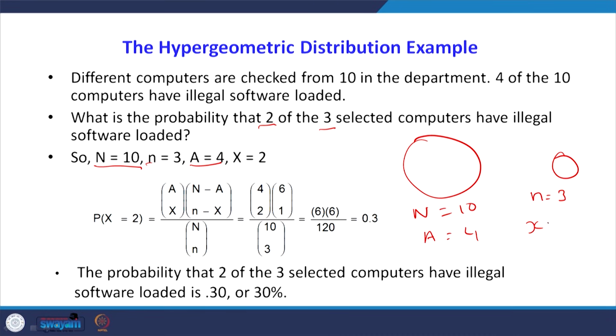Then what is the probability that 2 out of 3 selected computers will have illegal software loaded. So, when you substitute it, everything is given, so you will get 0.3. So, what is the meaning of this 0.3? The probability that 2 of the 3 selected computers will have illegal software loaded is 30%.